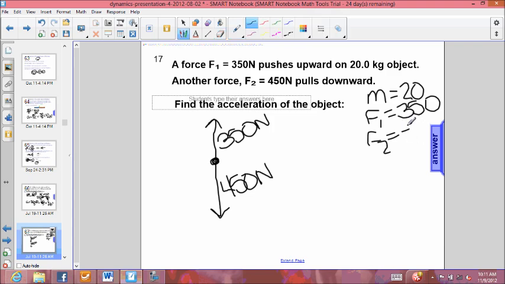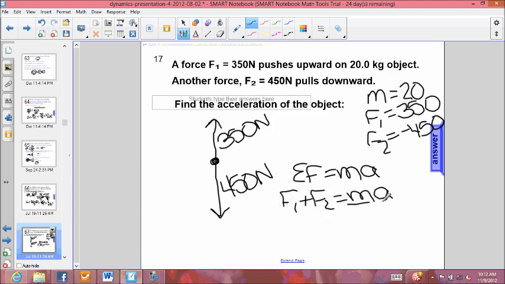Equals negative 450. So now you've got sigma F equals ma, which is F1 plus F2 equals ma, divided by m to get the a by itself.